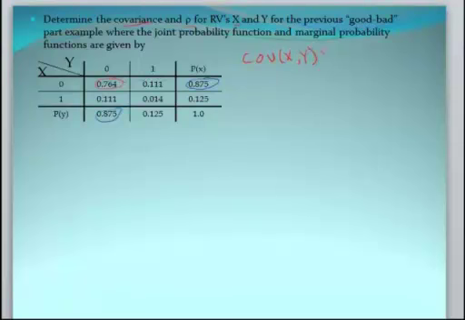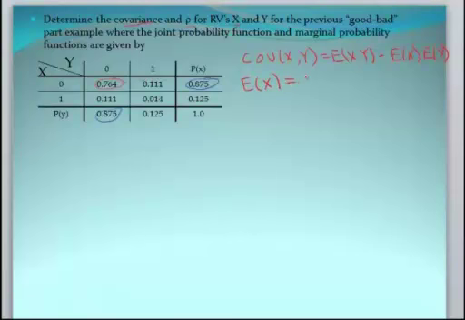The covariance is going to be E[XY] minus E[X]E[Y]. So that's our very easy formula to use. Now we can calculate the expected value of x, and we use our usual formula.